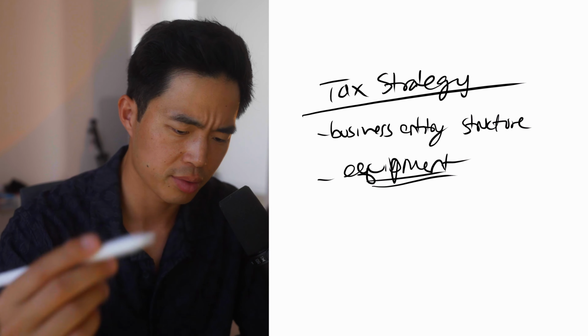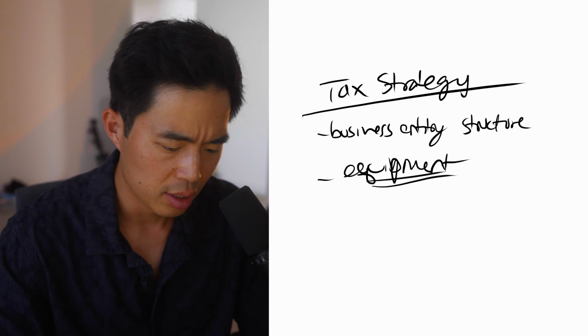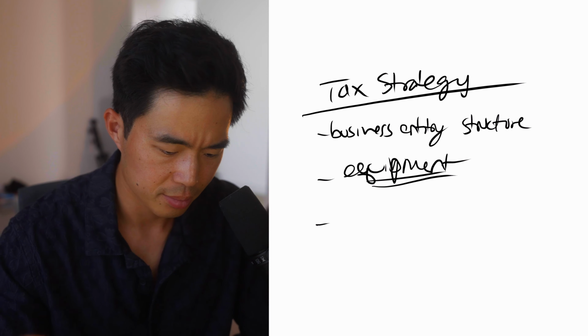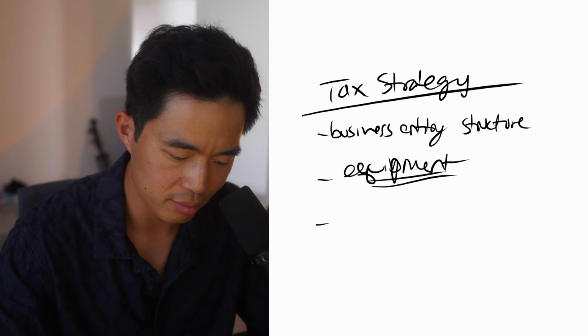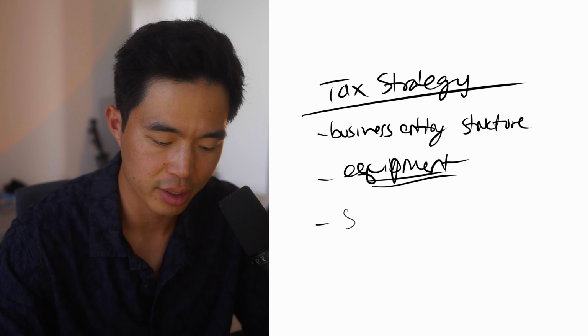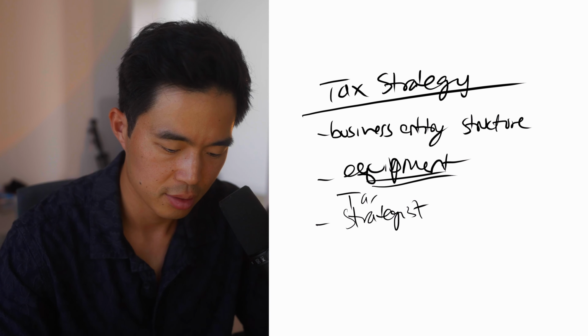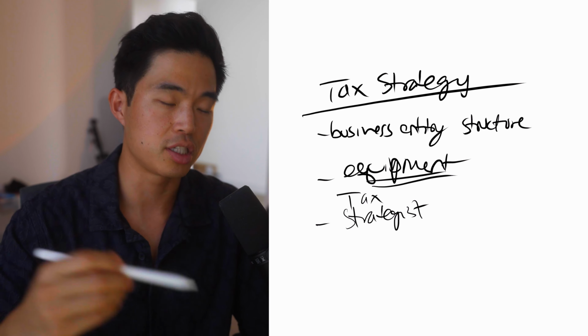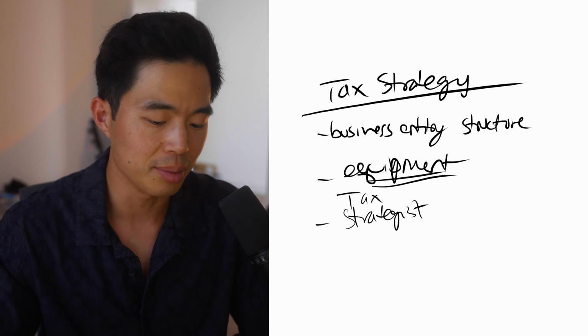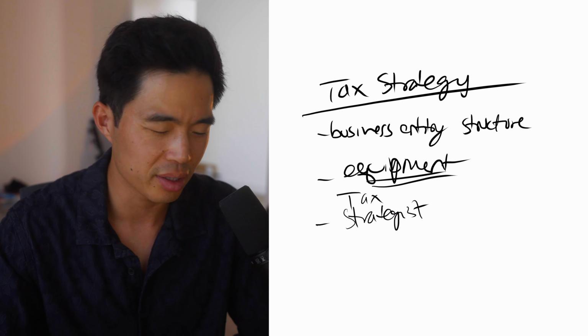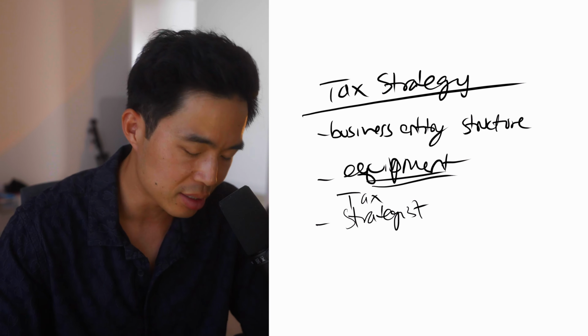What other things with tax strategy can we talk about? Probably get a strategist, right? The tax strategist is usually different than your CPA. Some CPAs can do some tax strategy, but they're usually not the best.